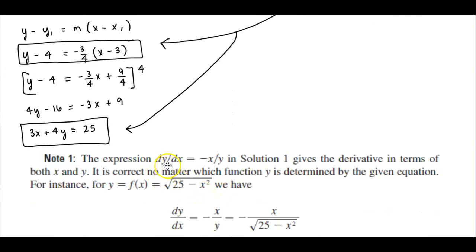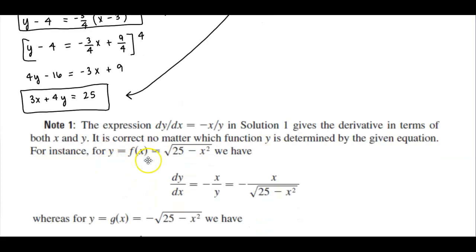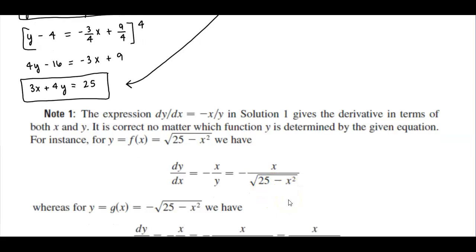Now let's make note. The expression dy over dx equals negative x over y in solution 1 gives a derivative in terms of both x and y. It is correct no matter which function y is determined by the given equation. For instance, for y equal to f of x, dy over dx equals negative x over y, which is negative x over the square root of 25 minus x squared.